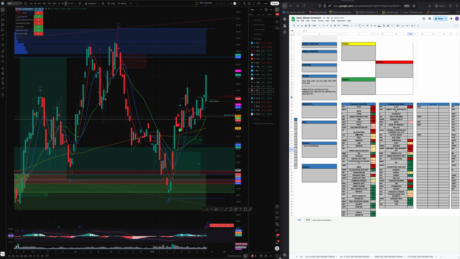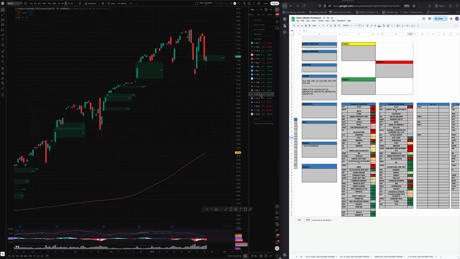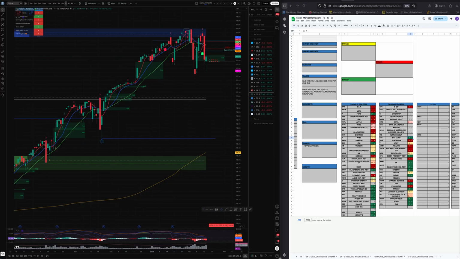EQT is a two. I traded this before too. The run up, pullback will be around here, but it's all good. Global, so 4-1, 4-1.